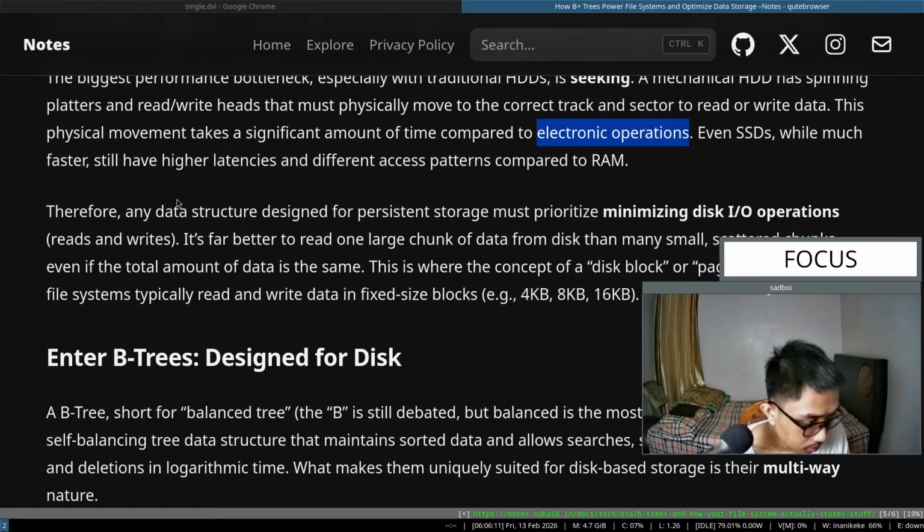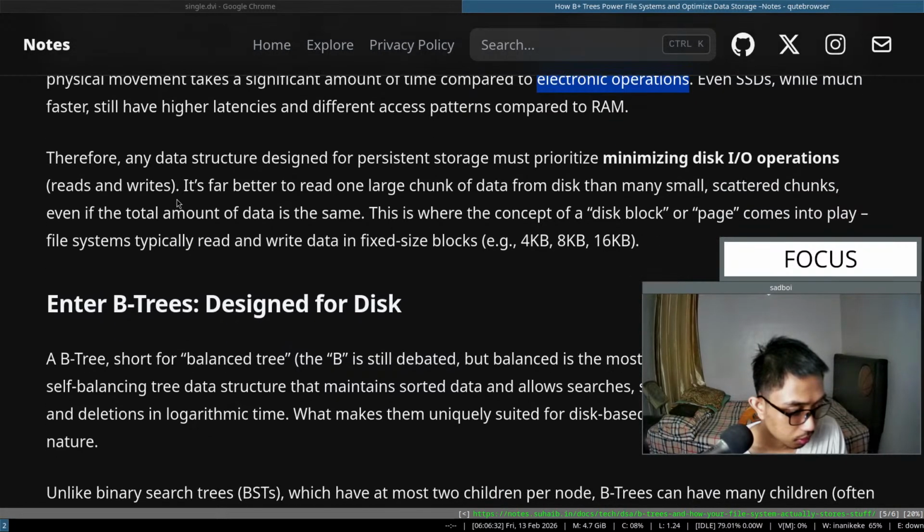I think it's impossible because the CPU to access the SSD has to pass through the I/O bus. Maybe that's the case. The input-output bus.